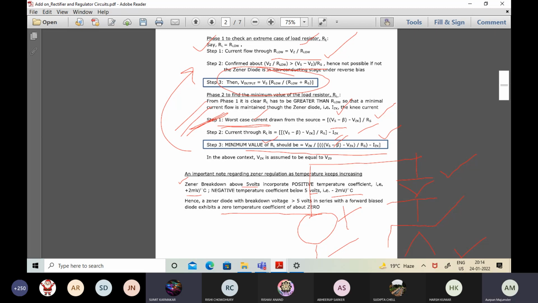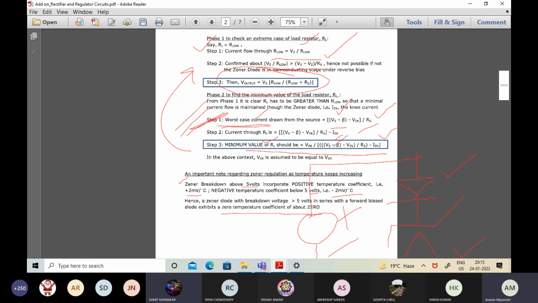Because Vzk should be the potential across the output. That is the regulated DC value that you are expected to have, which should be equal to Vzk according to step 2's description over here. Obviously that will also change, but the change will lead from Vzk to Vz.